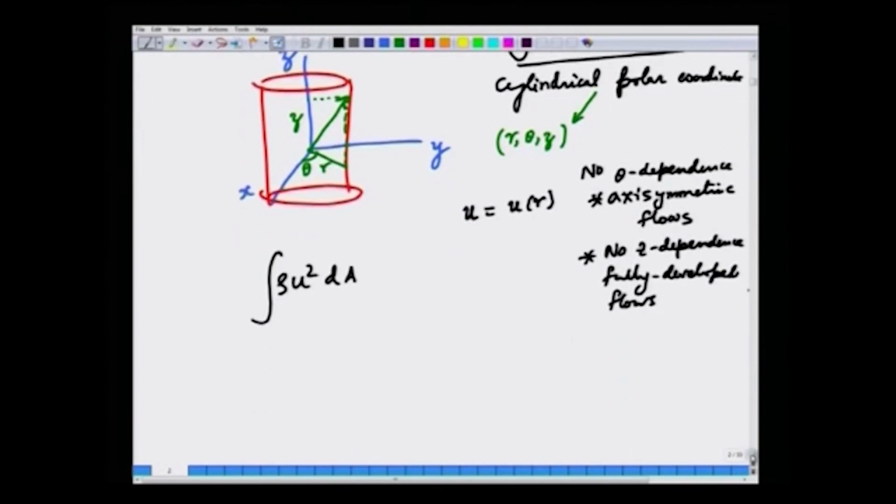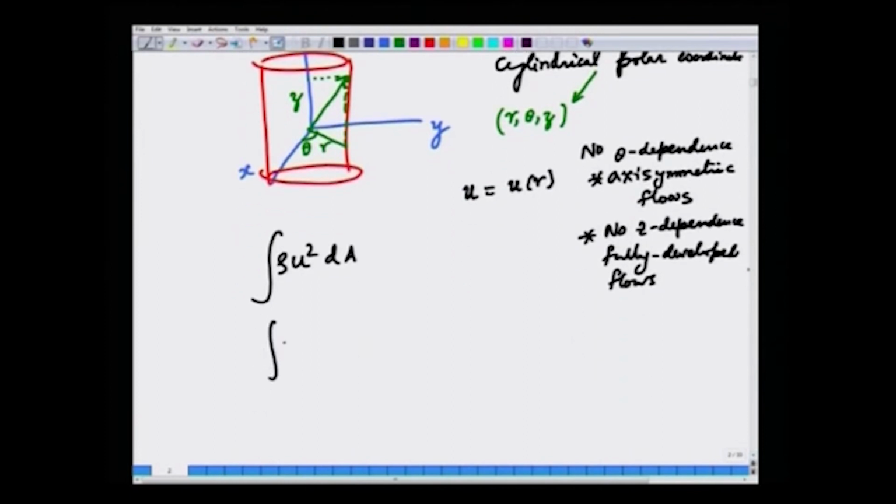Okay. So, essentially we have to do the integral of rho u squared, where u is now a function only of r. So, let us keep it as u(r) whole squared. Now, dA is nothing but, in polar coordinates, r d theta dr. This is the area element in polar coordinates.